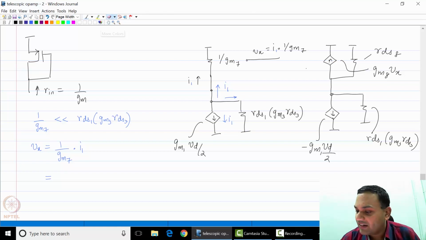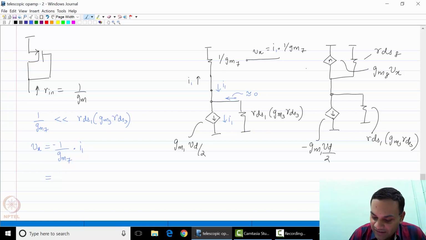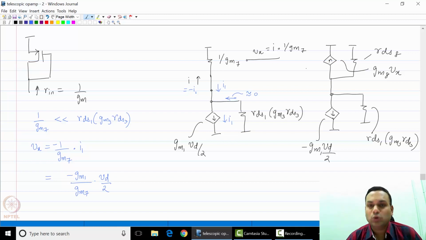Let us use the correct current directions so that we don't make a mistake in the signs. I1 flows through 1 over gm7. This other path is approximately 0 because it is such a large output resistance. Now Vx is minus 1 over gm7 times I1, so I is equal to minus I1. So Vx is minus gm1 by gm7 times Vd by 2.